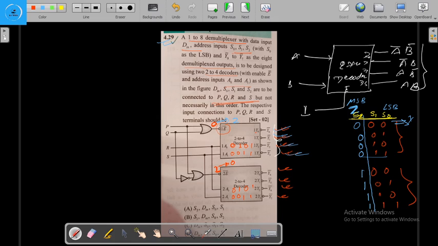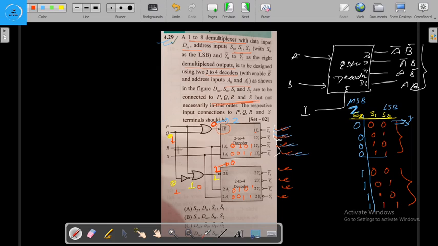Now if we give the 0 here, here it will be 0 and here it will be 1. So the output of the OR gate will be equal to 1. Now if we give the 1 here, this will be 1 and this will be 0, and it depends upon the DIN.